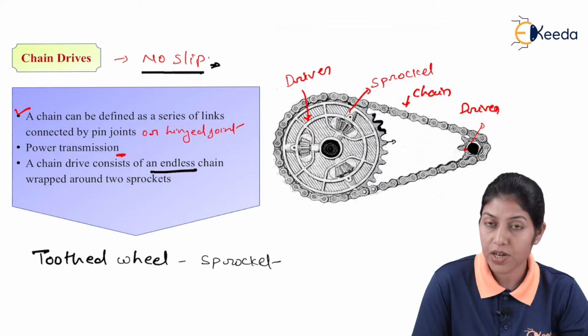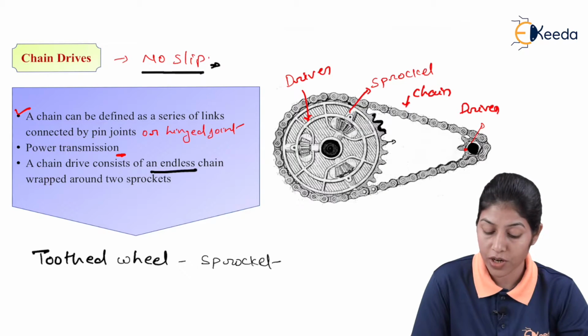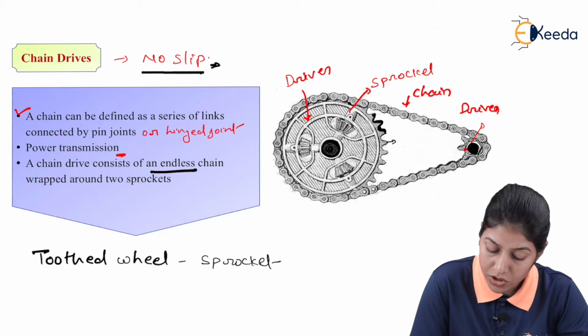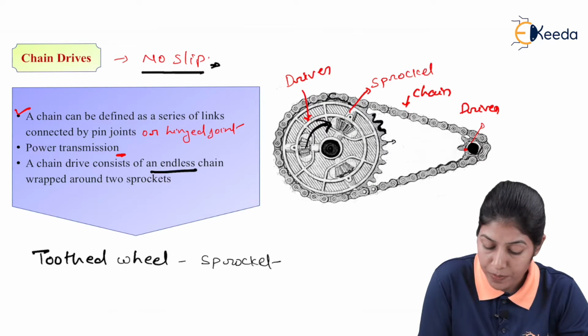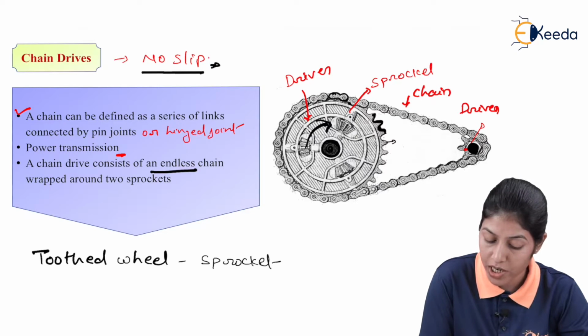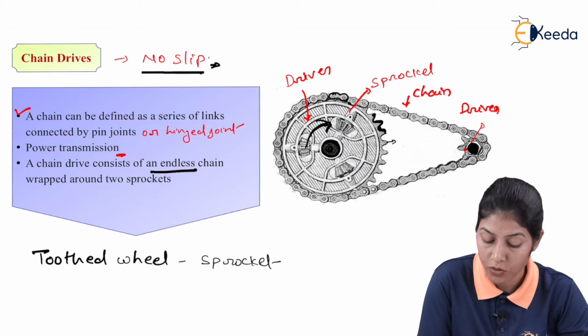The driving shaft and driven shaft rotate in a particular direction with a particular speed, and this chain is wrapped around this toothed wheel or sprocket. So the chain will also move. When the driver is moving in a particular direction, there is a firm grip between the chain and this sprocket, so the chain will not run out from the driving shaft or from this driving pulley.